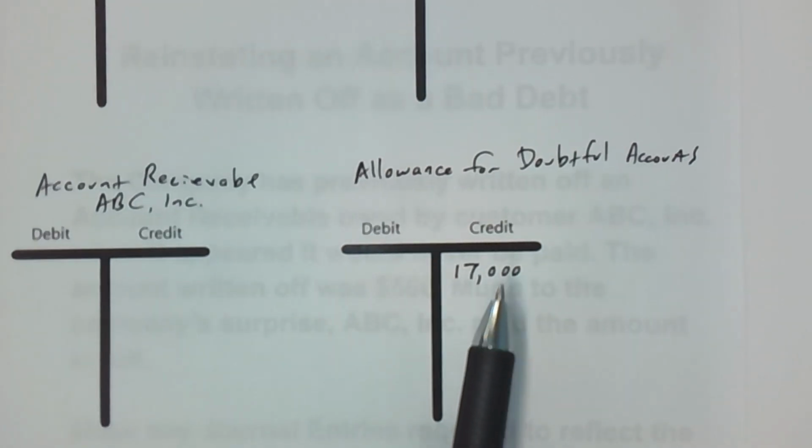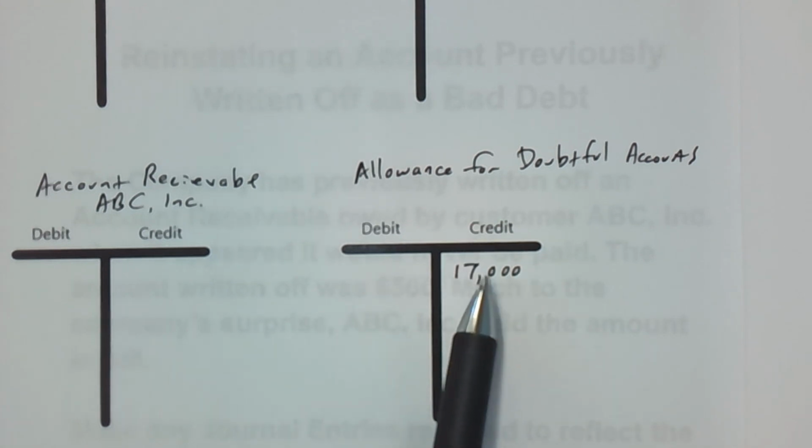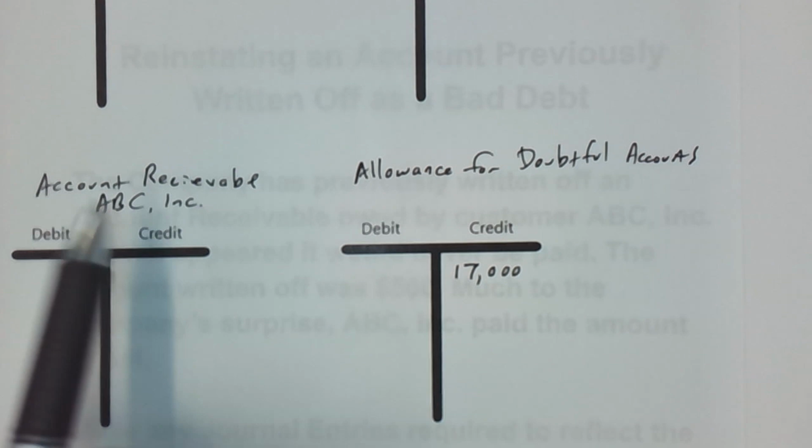We ordinarily would expect it to be a credit balance because the allowance for doubtful accounts is a contra asset account. What do I mean by contra asset account? Contra asset accounts offset the value of asset accounts. So here we've got an allowance for doubtful accounts of $17,000.